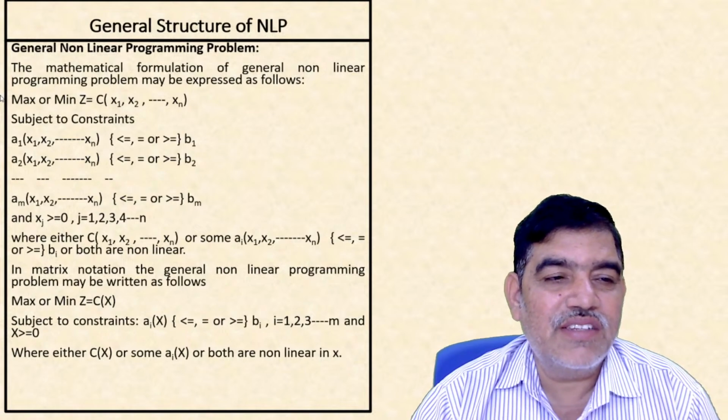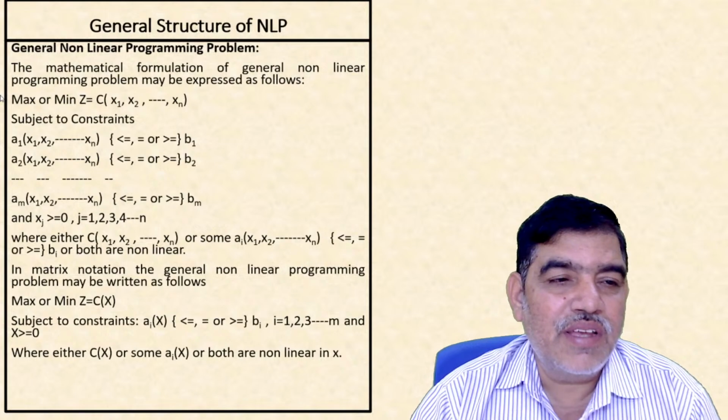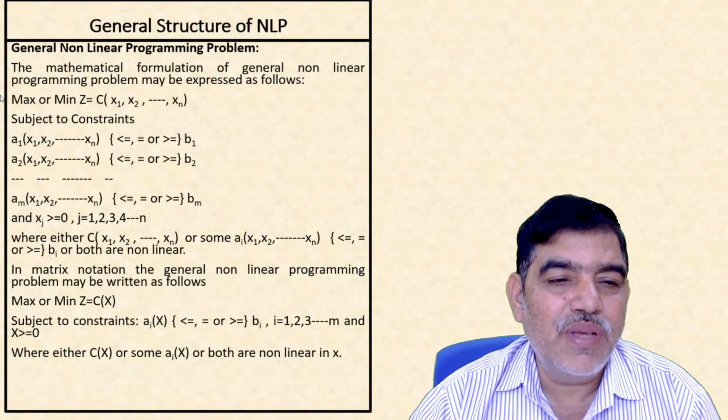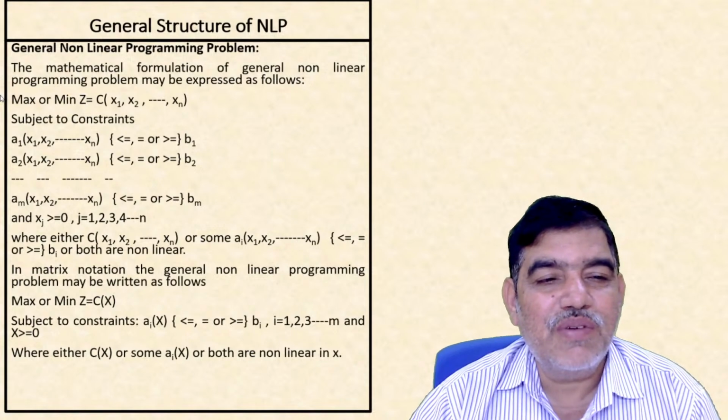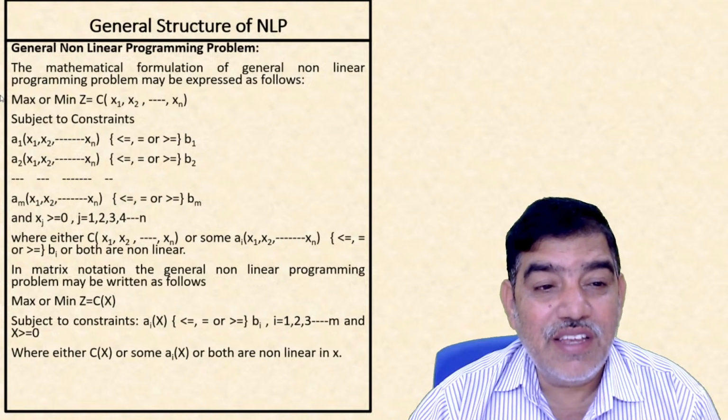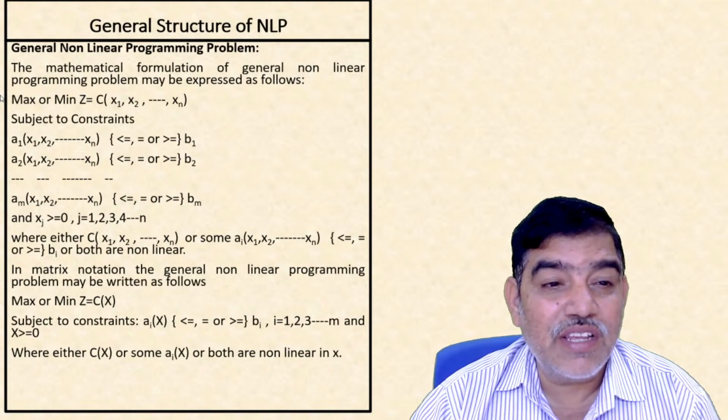Subject to constraints a1 of x1, x2 up to xn equal to b1 or less than equal to b1 or greater than equal to b1. In LPP, that is inequality, less than equal to or greater than equal to.